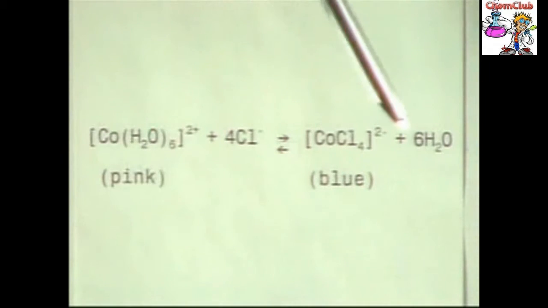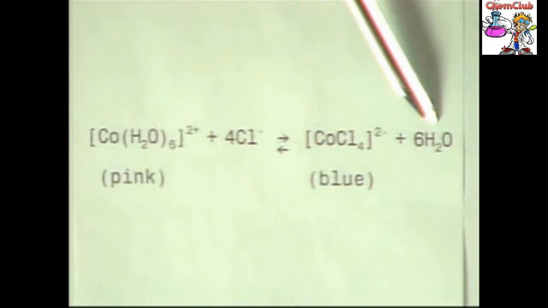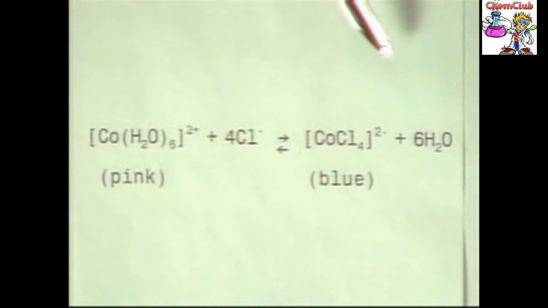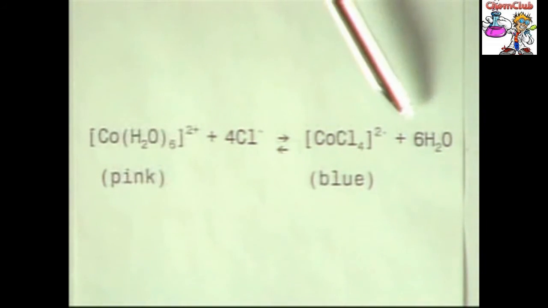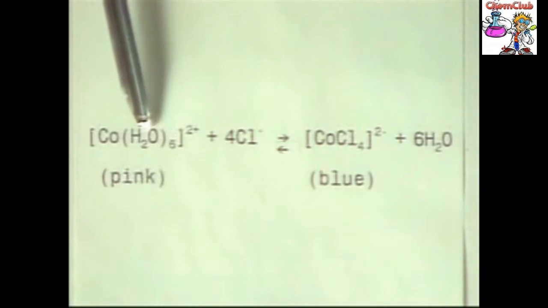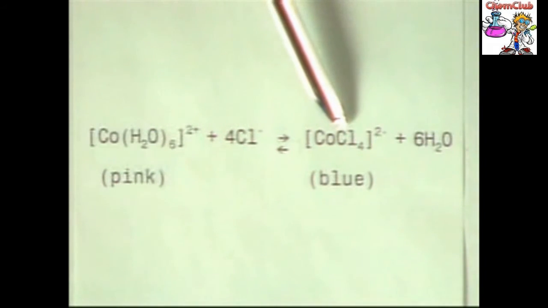The acetone combines with the water by bonding, effectively lowering the concentration of the water available to the equilibrium. As a result of this decreased concentration, there is a shift in the equilibrium from the pink to the blue in the upper acetone layer.